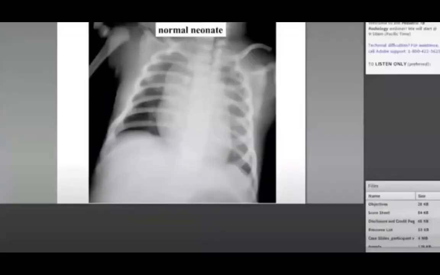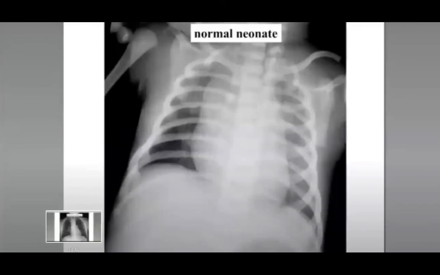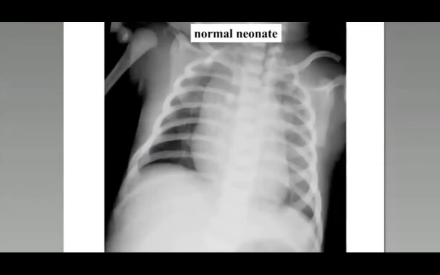The anatomical differences in the infant chest make evaluation of pulmonary disease such as tuberculosis difficult. Firstly, the cardiac silhouette is enlarged.